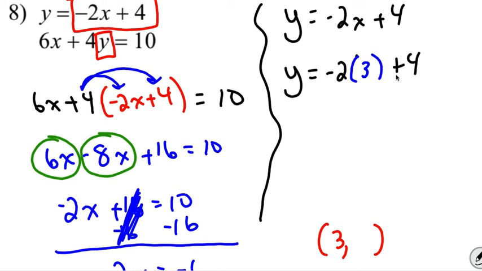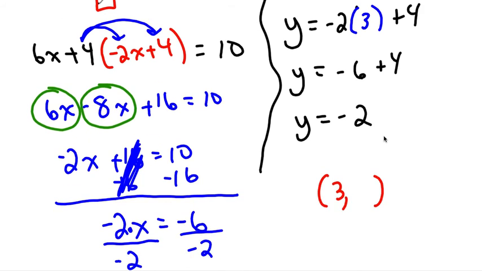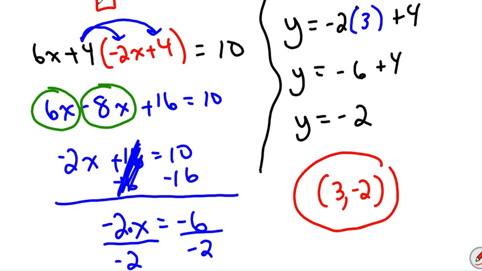Negative 2 times 3 is negative 6, plus 4, so y equals negative 2. So final answer, 3, negative 2. Remember, it has to be written as a point, and that's your final answer.